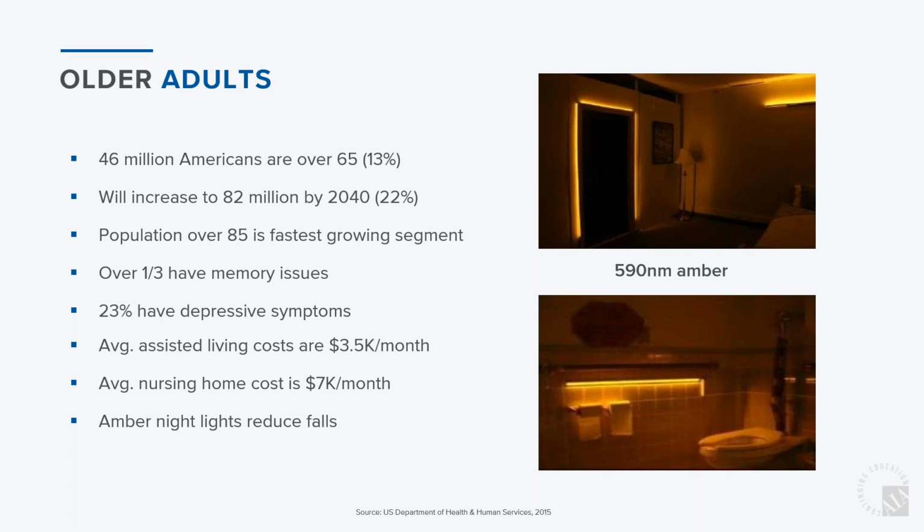They had various other benefits, and I would suggest, if you have some time, to go to their website and read through that study, because it's quite fascinating what they found they can achieve with lighting to help some of the elderly population. And more studies like that are going on. And even amber night lights are going to reduce falls.